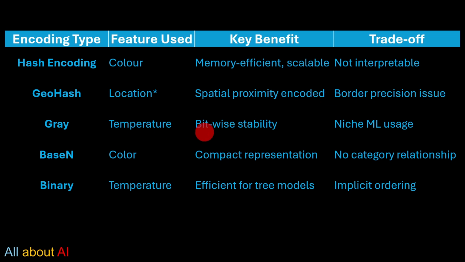Gray encoding has bitwise stability, but is seldom used in traditional machine learning algorithms. Bayesian, compact representation, but there is no category relationship. Binary, among all these, is most efficient for tree-based models, and sometimes the implicit ordering can give a wrong interpretation to the model.